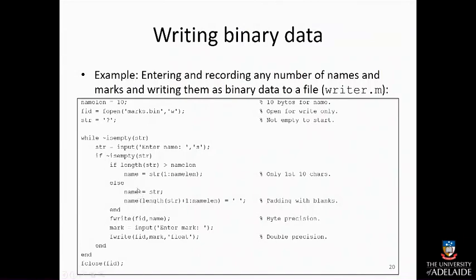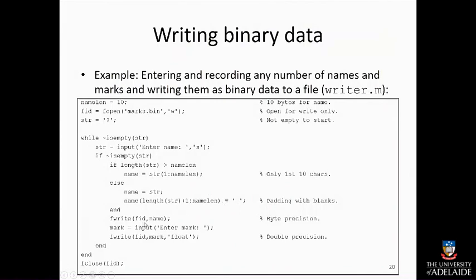And if the length of the name that has been entered is less than or equal to the name length, which is the else case, then we are going to assign a string to the name, and we are going to add some padding blanks in front of the name.